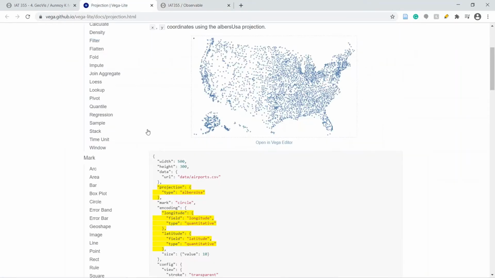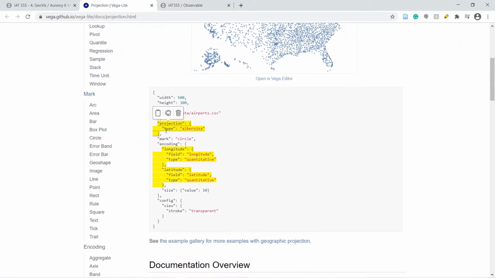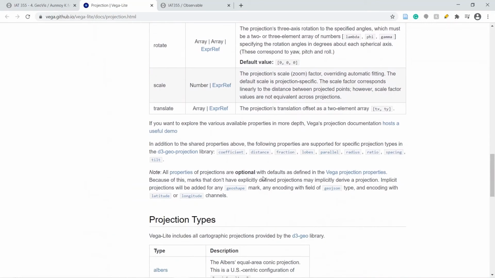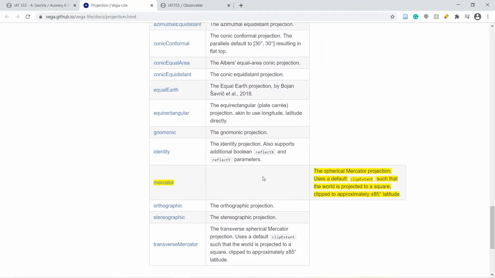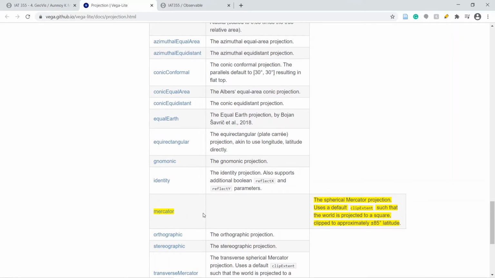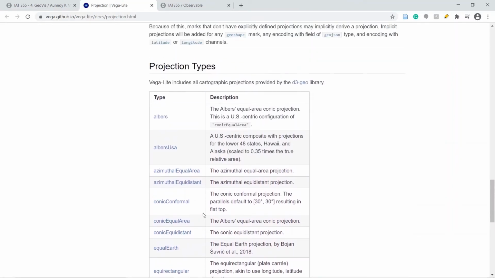In VegaLite, we have to mention which type of projection we will be using and its corresponding longitude and latitude. There are different projection types. One we will be using is Mercator, but depending on the dataset you have and your objective, you might have to use a different projection type.